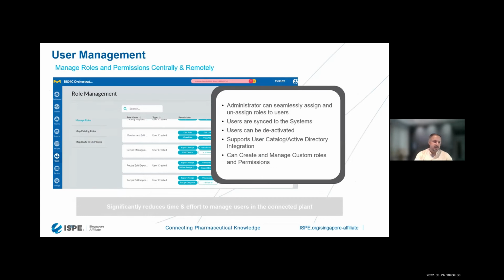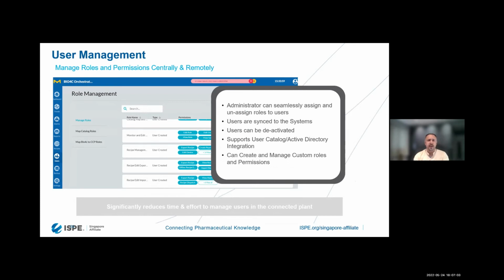User management is also a very important thing. One of the use cases that we were working on is what happens if I want to control which operators use which kind of system.